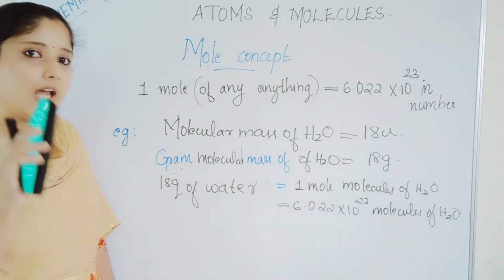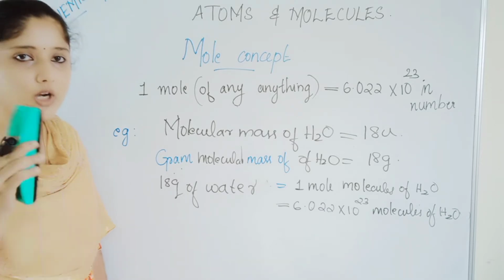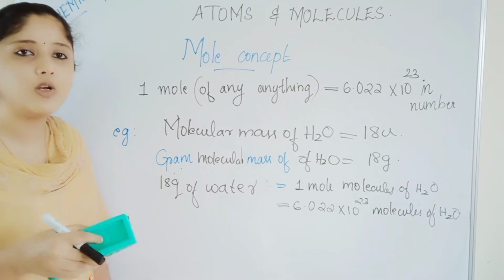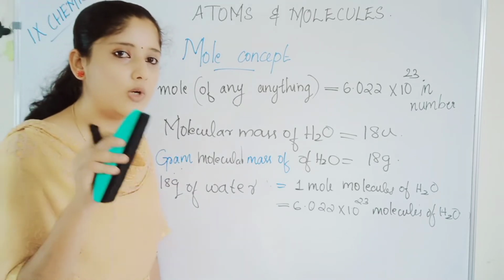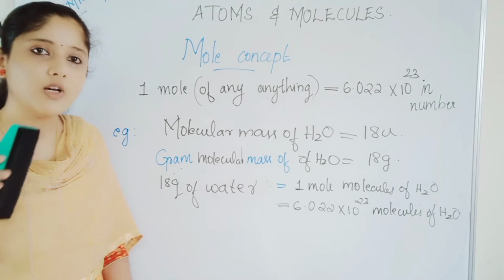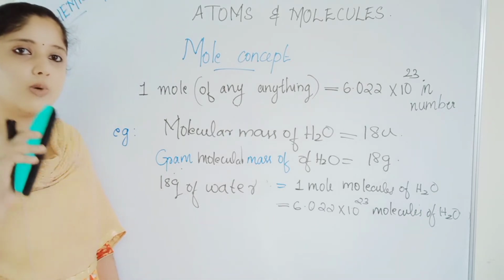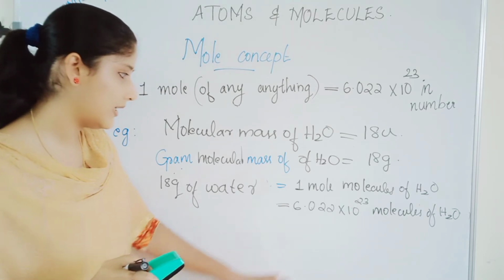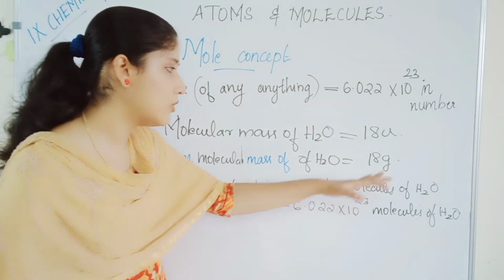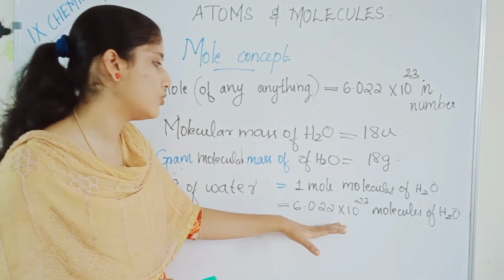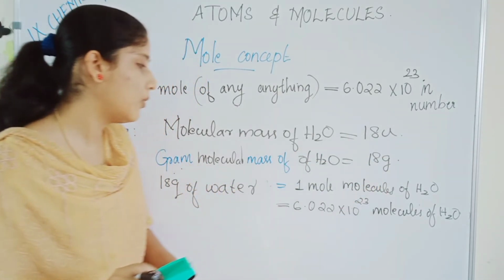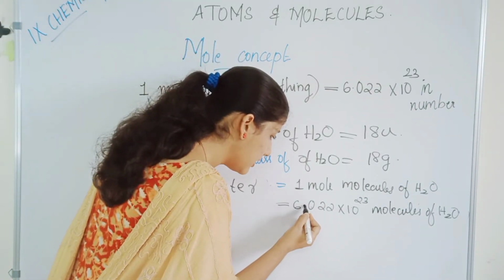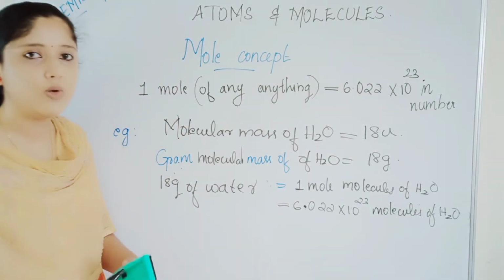That is, 18 gram of water or H2O contains 1 mole molecules of water, which is equal to 6.022 into 10 raised to 23 molecules of water. Look here, it is 6.022 into 10 raised to 23 molecules.